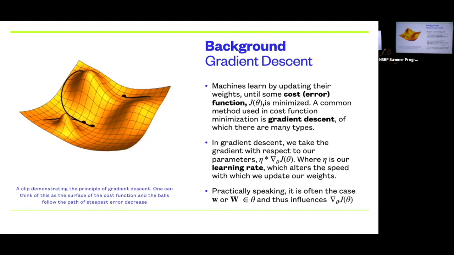In gradient descent, we essentially move in the opposite direction of our computed gradient, and we can adjust how fast we do that using what's called a learning rate. Practically speaking, we say that this gradient is dependent on our weight matrix for the discussion of neural plasticity.